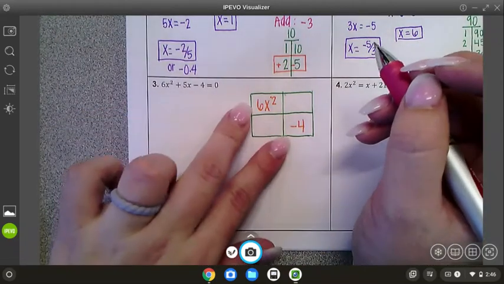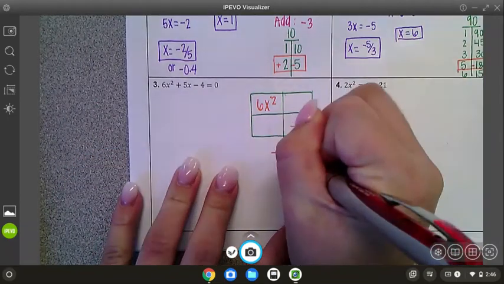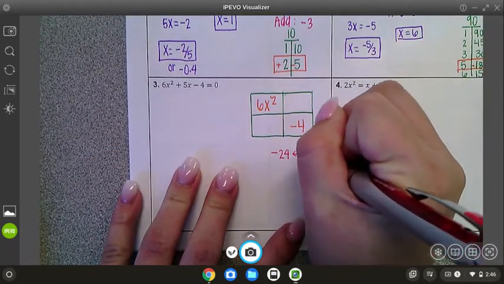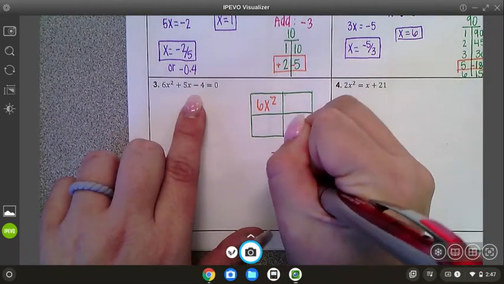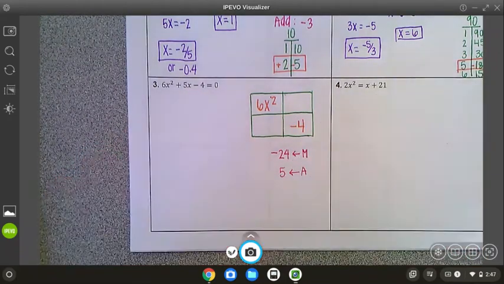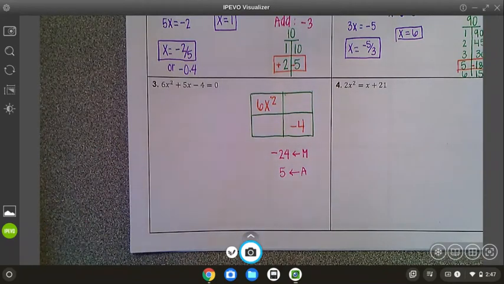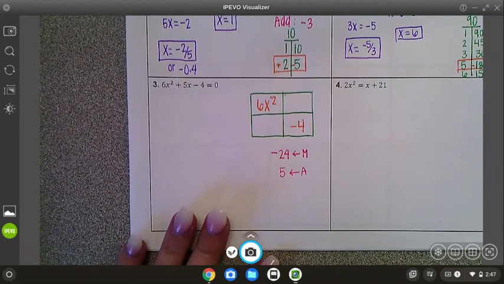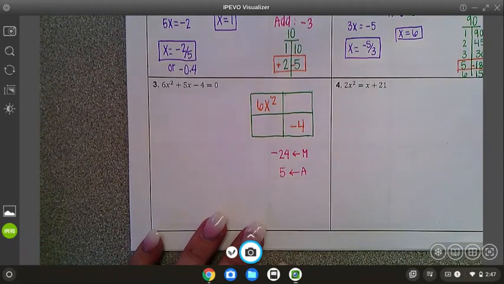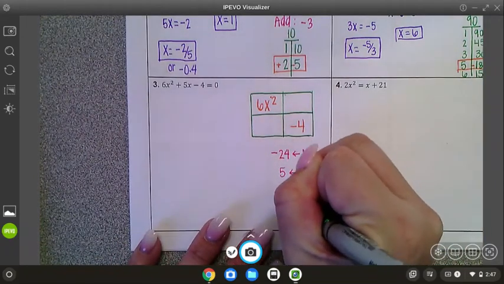Now, if I multiply these two numbers, I get negative 24. So I'm looking for two numbers that multiply to be negative 24, but add to be 5. If you know those numbers, go ahead and put those in the boxes along with an x. If not, let's see if we can figure those out.